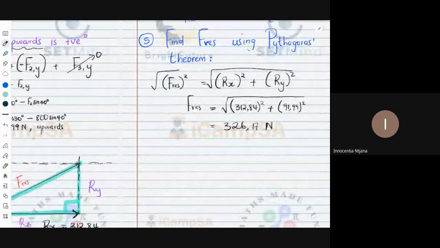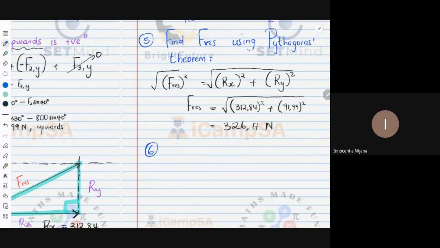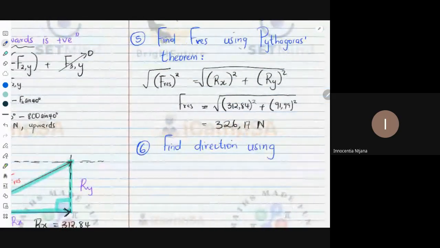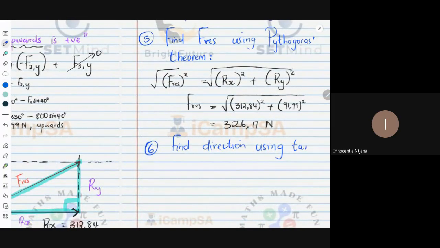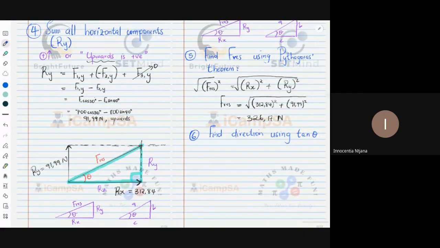Right, so this brings us to the last step. Find direction using tan. The way we find it is always the same, even in electrostatics and so on.